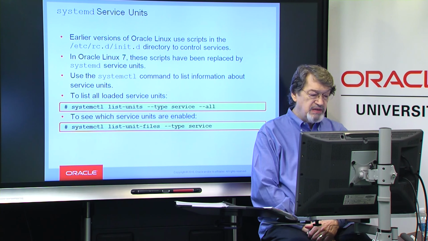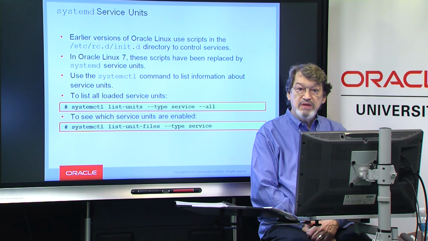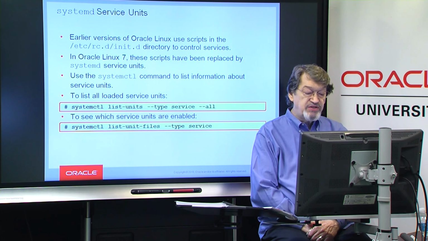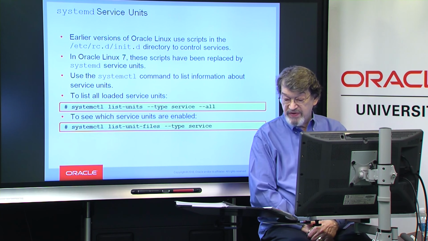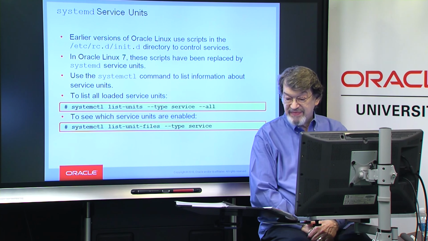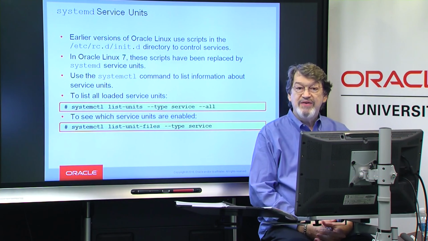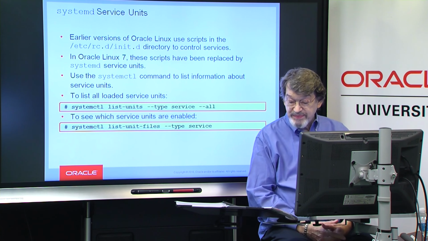And so the first box, the fourth bullet, I can list the units, type, service, all right? I can list the unit files, type, service, and then I can also go out and find what other types.